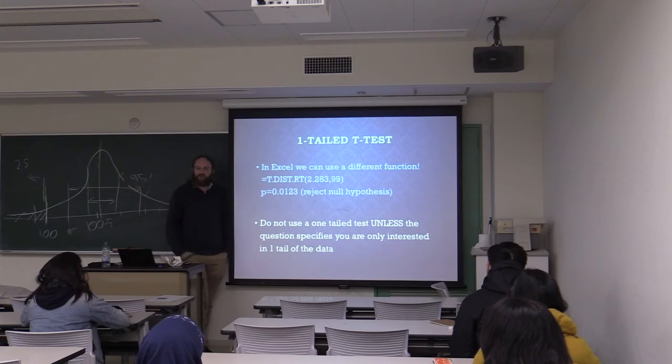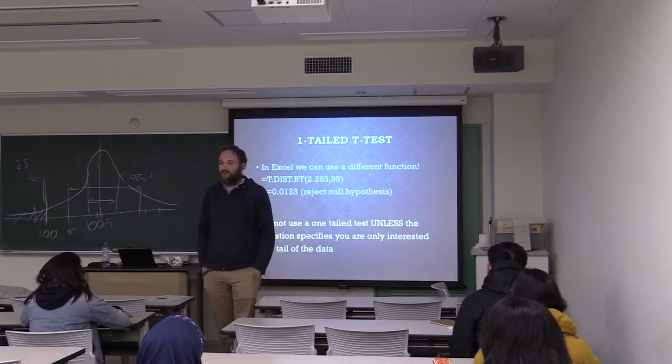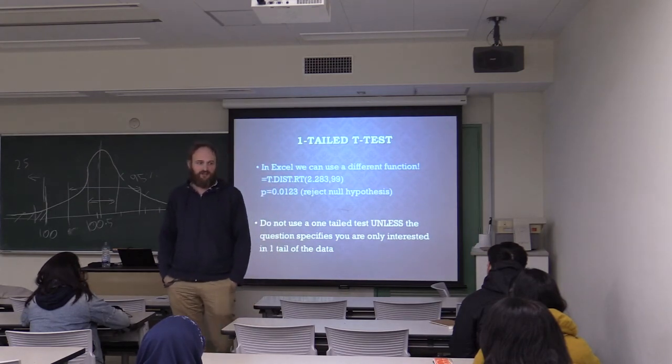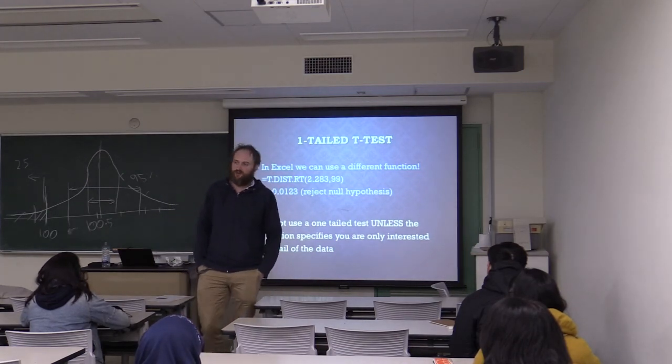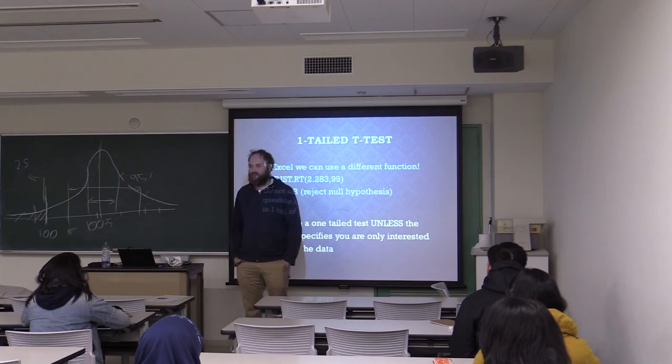What if the p-value for the two-tailed test had been 0.06, but the one-tailed test was 0.03? If the p was 0.06, we would accept the null hypothesis. If the p-value was 0.03, we would reject the null hypothesis. So there's a temptation to game your results.